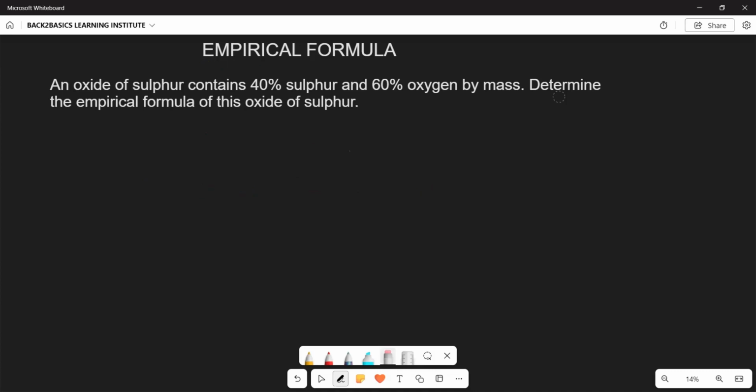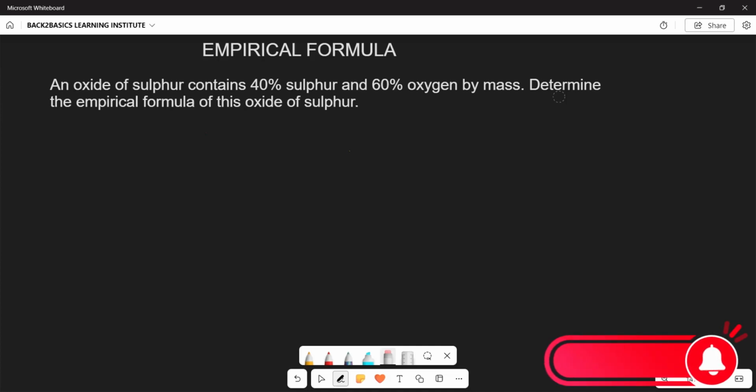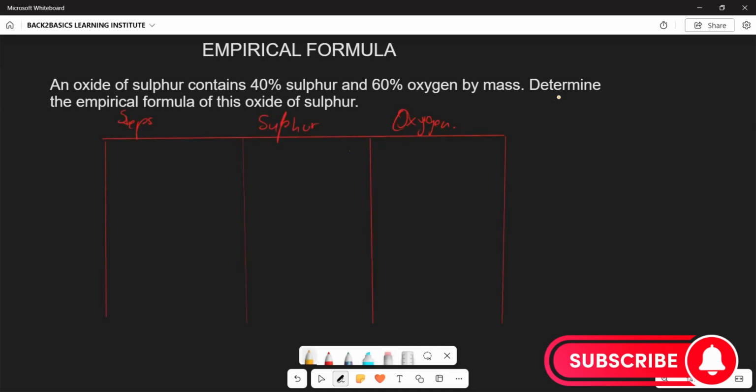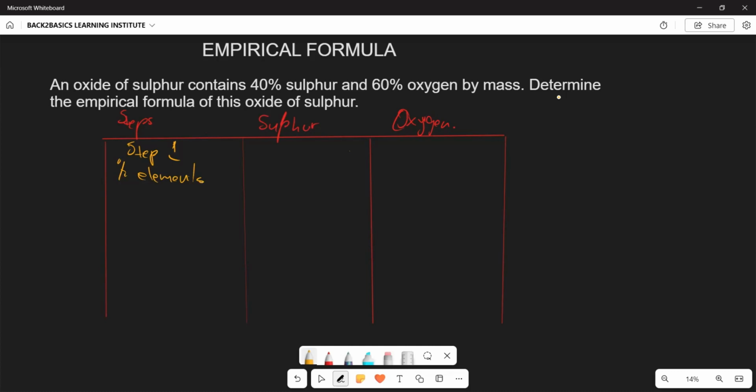Let's start here. Firstly, they say an oxide of sulfur contains 40% sulfur and 60% oxygen by mass, right? Determine the empirical formula of this oxide of sulfur. The first thing you're going to do is step number one: we are going to list all these elements in percentages.